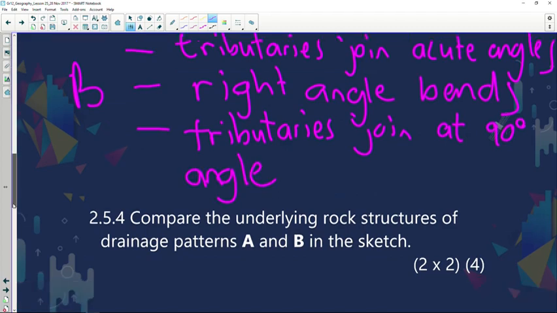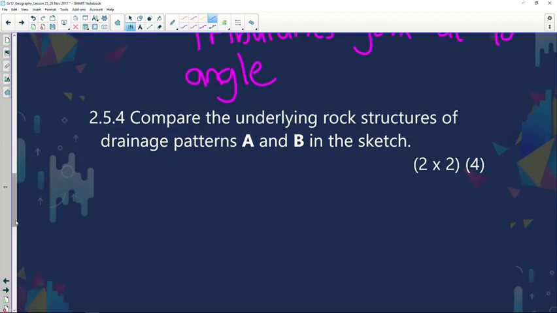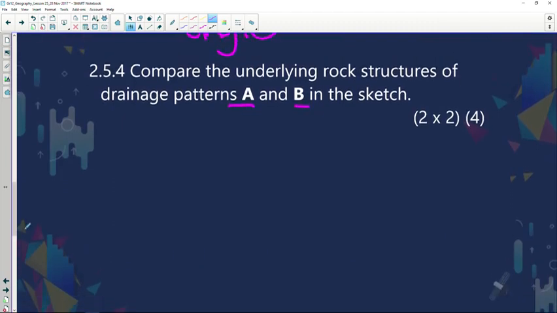Okay, question 2.5.4. Compare the underlying rock structures for the drainage patterns A and B. Now keep in mind A is the dendritic pattern and B is the rectangular pattern. The correct answer for A, the underlying rock for dendritic patterns are uniformly resistant.